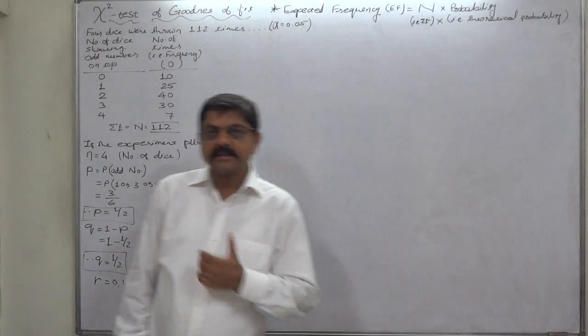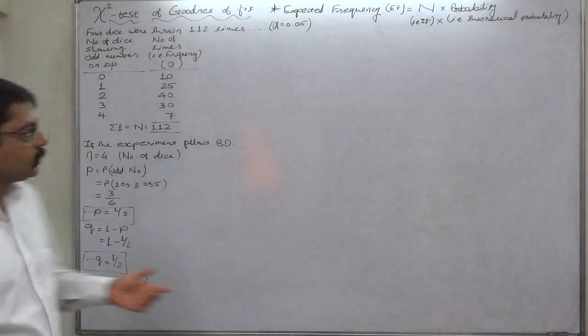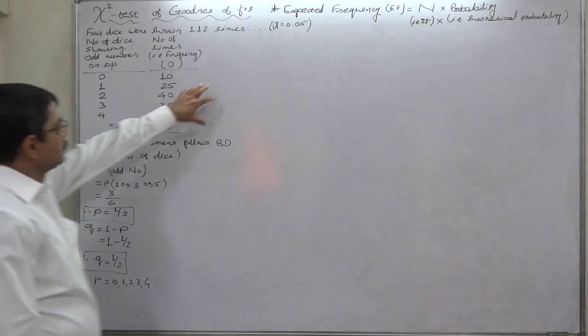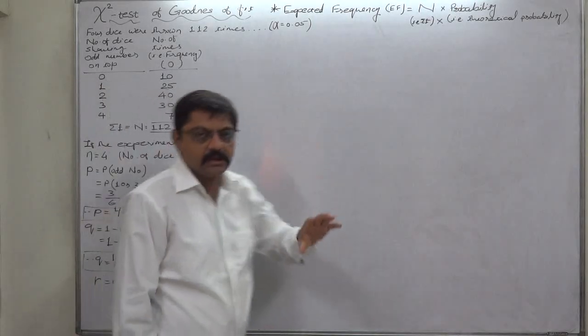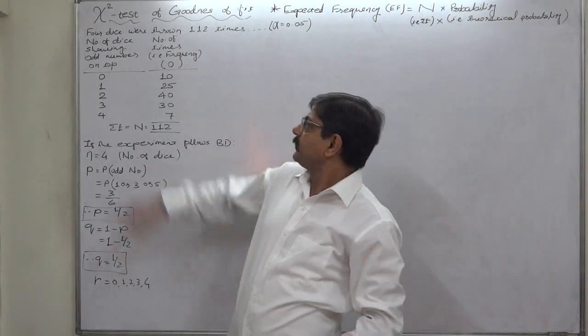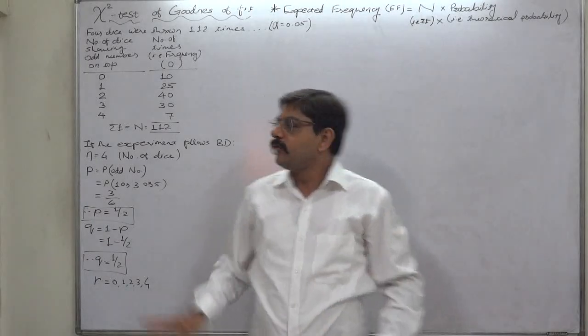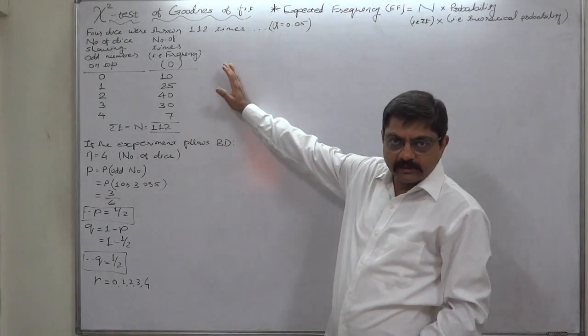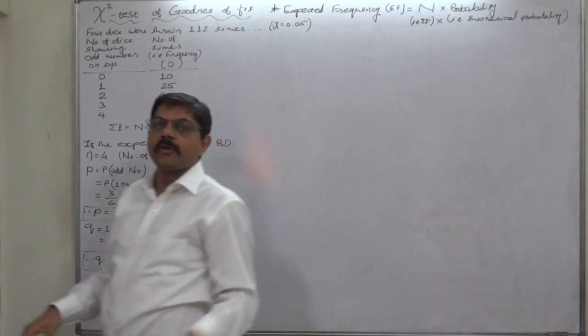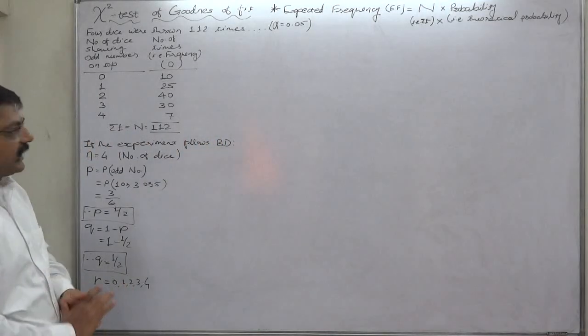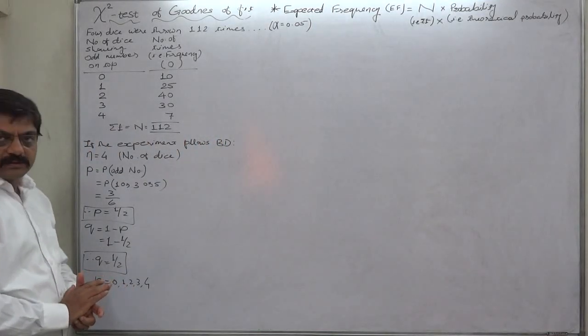In this particular case, this is possible, because to test the biasedness or unbiasedness of the four dice, we need to find out the expected frequency, because we should go for the chi-square test, and for the chi-square test we should have expected frequencies.